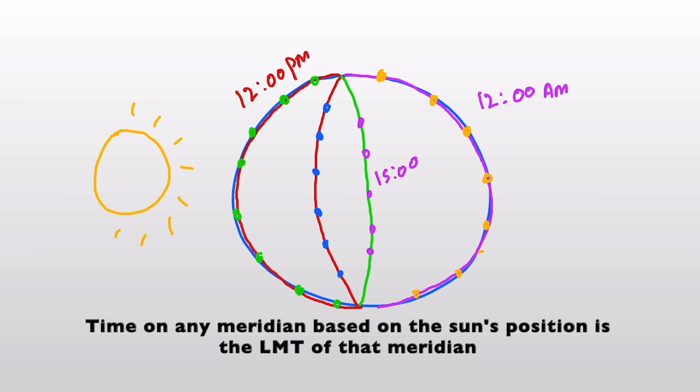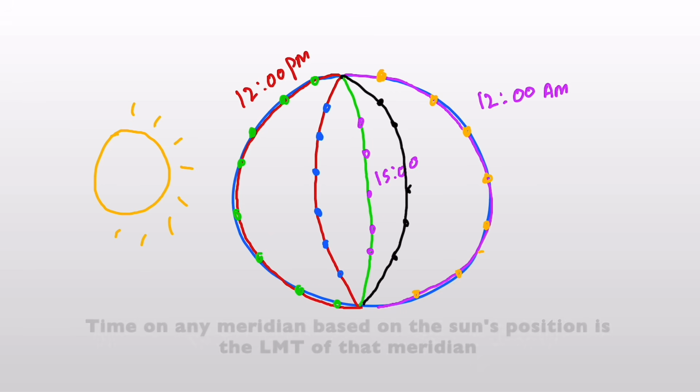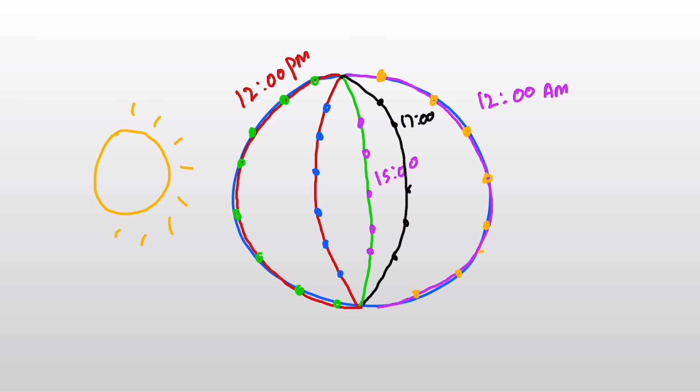So local mean time is the time along any meridian. If we talk about this meridian, let's say the time is 1700 hours. So 1700 hours will be the local mean time on this particular meridian. That is LMT or local mean time. I hope you're clear with this.